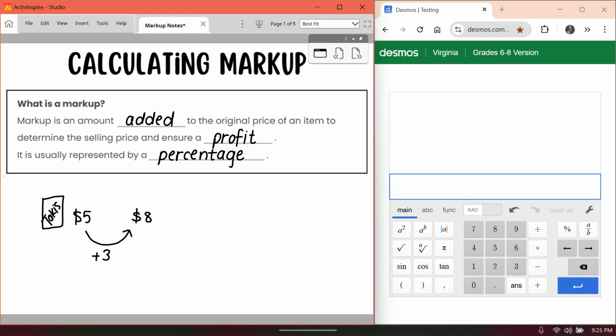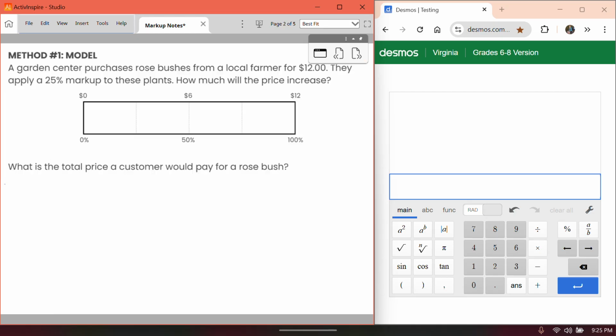Now, to find markup, there are 4 methods, just like there are for all of our other percentage problems. And if you've been in class for any of these or you've watched any of our other videos, you know that there are 4 methods for finding the answers to these questions. I'm going to go through these quicker than I have in the other videos.